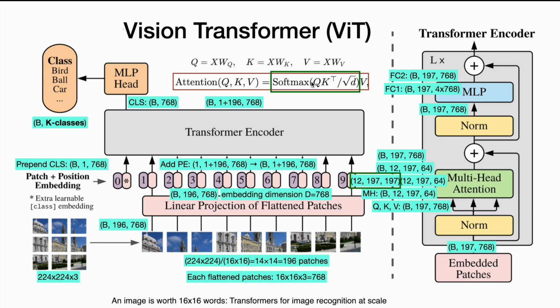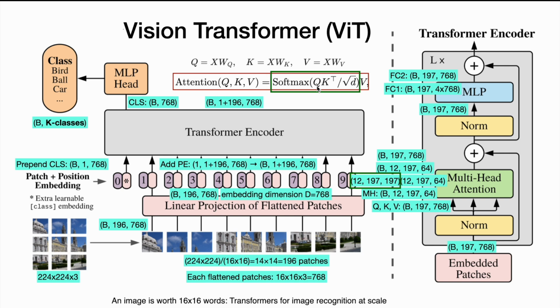Then we pass this similarity through a softmax function and use that as a weight to multiply with the V, the value vector, so that according to the similarity between query and key, we can assign different weights to the corresponding values.